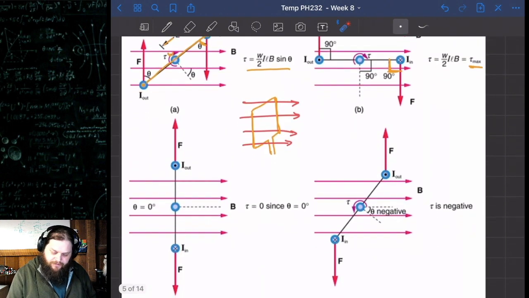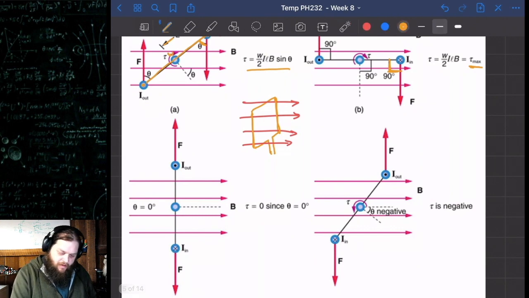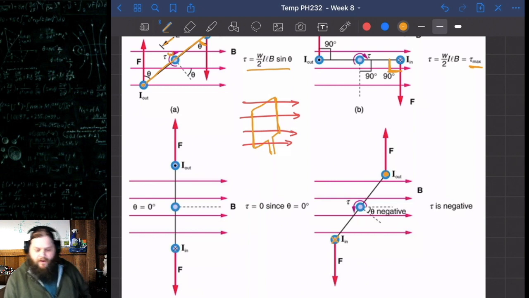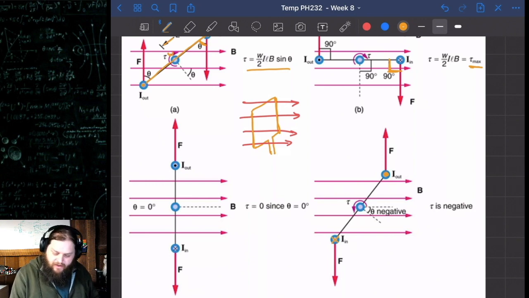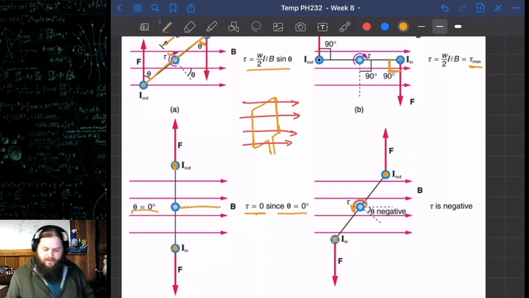Then we get to this position, where we're going up and then into the page that way, and we actually end up with a negative torque. So it's actually going to be pulling back, slowing the axis of rotation at that point, because the torque is now going this direction instead, based on the way the current is. And anytime we have these two here, that means our angle is going to be equal to 0. Our theta is equal to 0, therefore our torque is equal to 0.